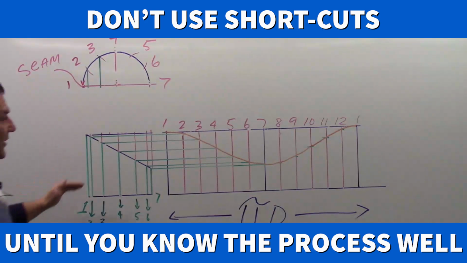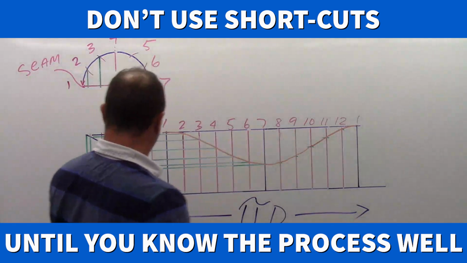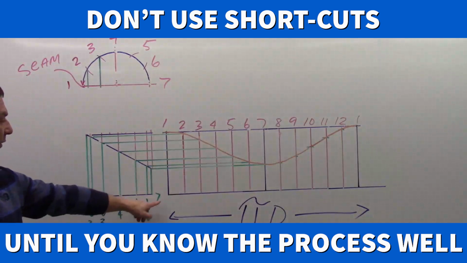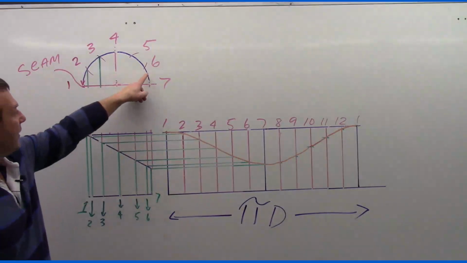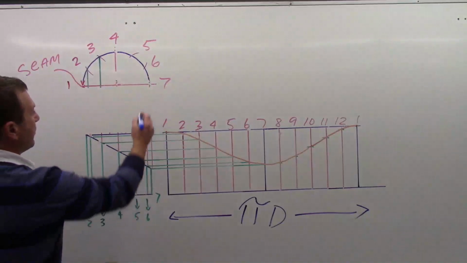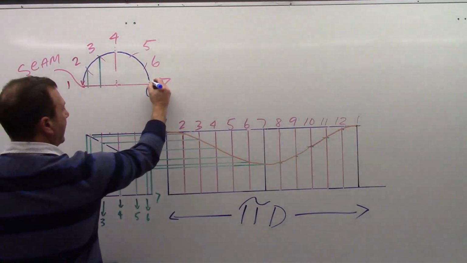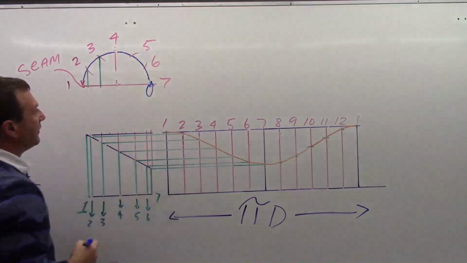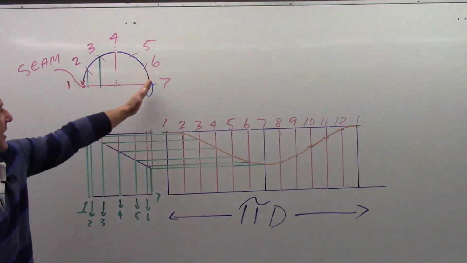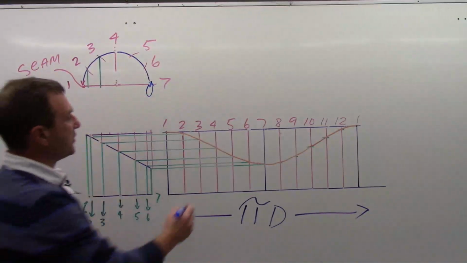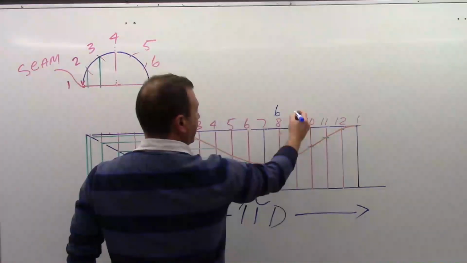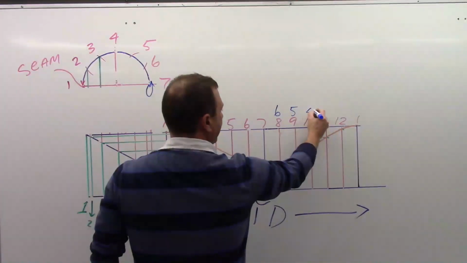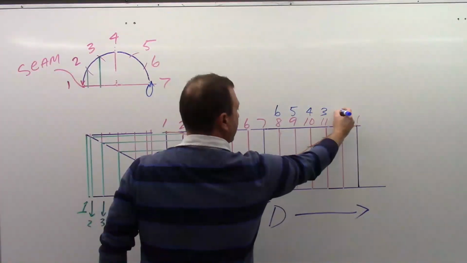What would have changed is when we got to 7, we don't have an 8 now, we would have gone to 7, and instead of coming around this way, we would have just turned around and gone back this way, because it was a mirror image. So we could have labeled this 6, 5, 4, 3, 2.